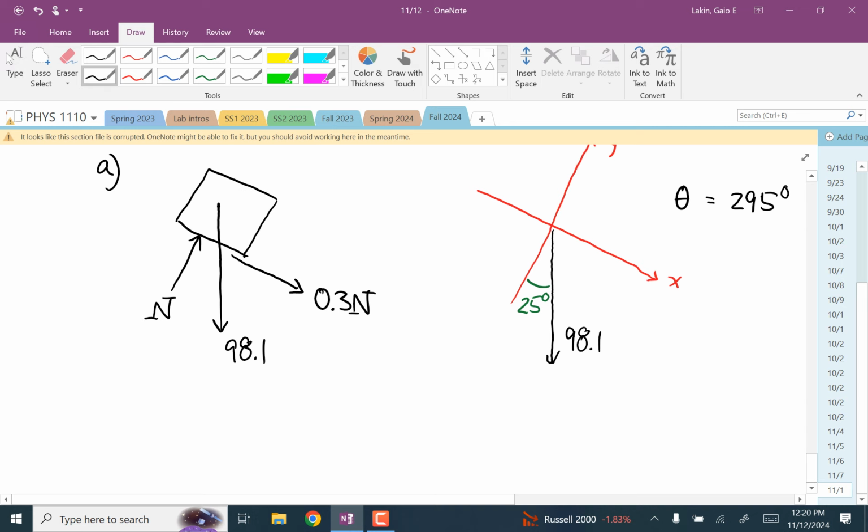And so the weight force is 98.1 times the cosine of 295, 98.1 times the sine of 295.